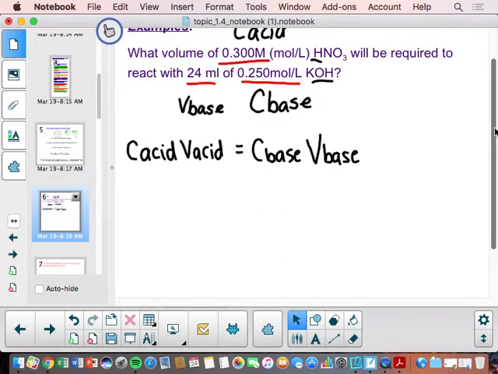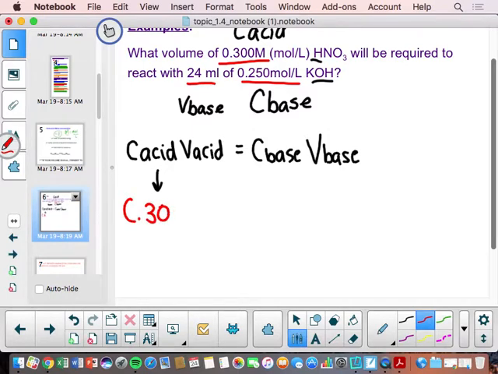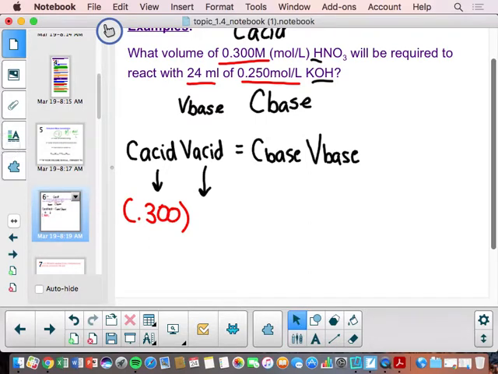Okay? Good so far? Now we just got to plug in the information into the formula. So our C acid we have as 0.300. So right here, I'm going to write 0.300. Okay? That's multiplied by our V acid. And our V acid is the thing we're missing, so I'm just going to write V acid there.